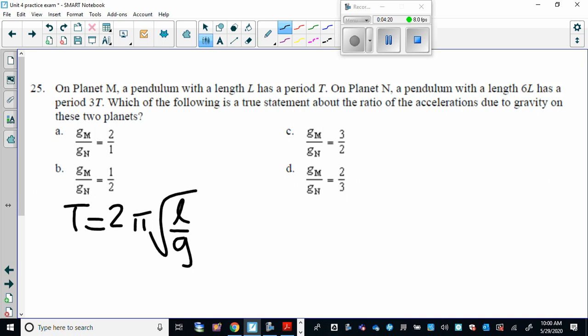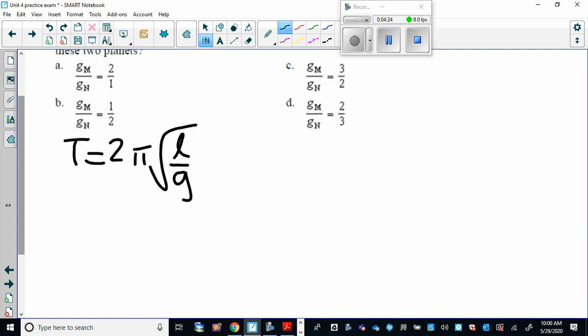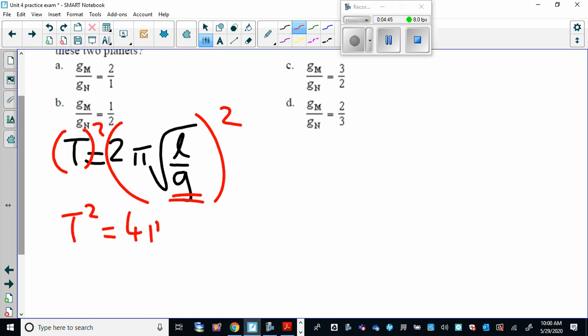Okay, this would be a standard of excellence question, because the first thing you have to do here is solve for g. So you have to rearrange the formula, solve for g, and go from there. So let's do that quickly. Remember, if you're solving for a variable that's under a square root sign, the first thing you're going to do is square everything. T squared equals 4 pi squared L over g.